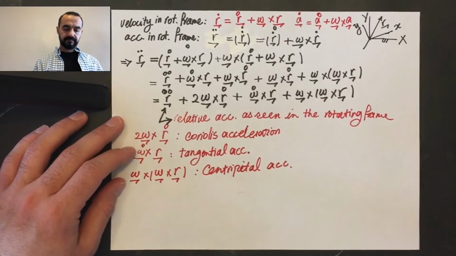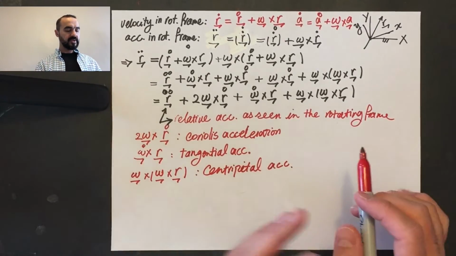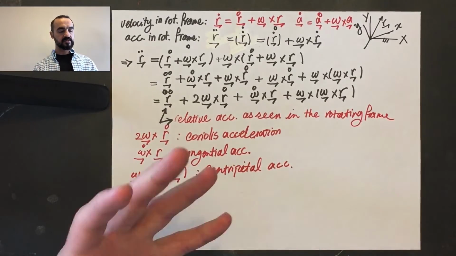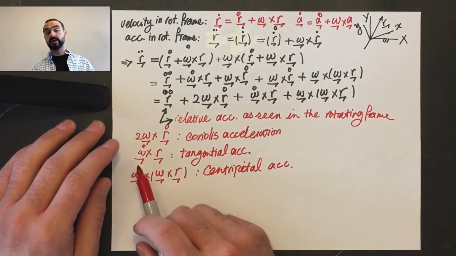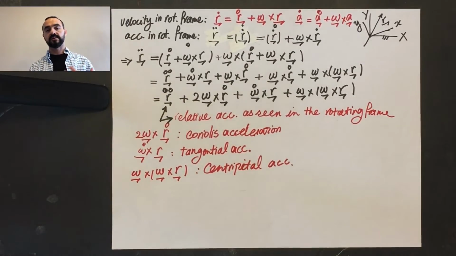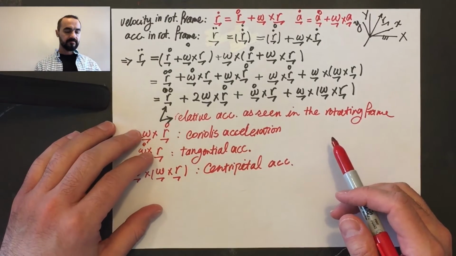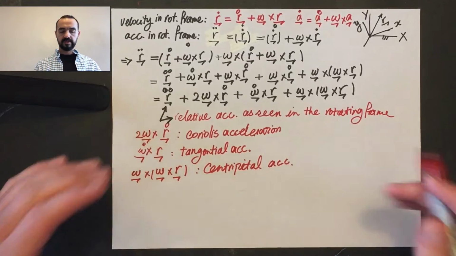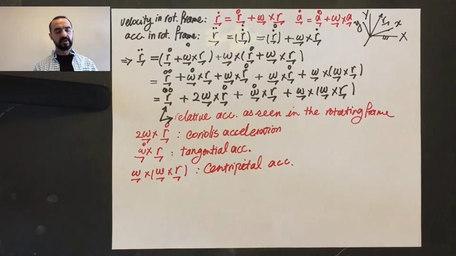All right, let's see. Just one thing here. On the right hand side, one term which could be a little bit confusing is omega circle. What does it mean to differentiate omega in our rotating frame? So let's see what happens. Again, what I'm going to do here is use this expression we had.